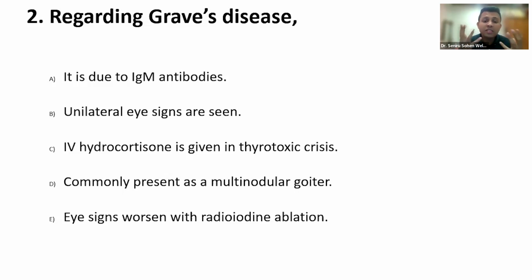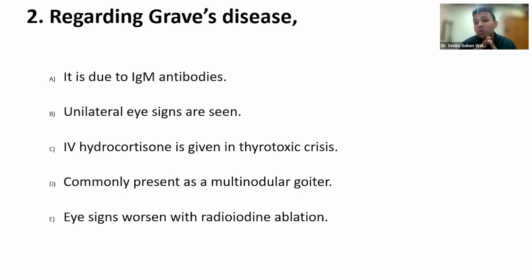For that, you have certain features that you look at: whether the patient is having fever, hyperpyrexia, mental status changes, abdominal pain, vomiting, deranged liver functions and sometimes even jaundice, diarrhea, AF or heart failure. All of these symptoms or signs can be classified together, and you have a scale known as the Burch-Wartofsky scale.